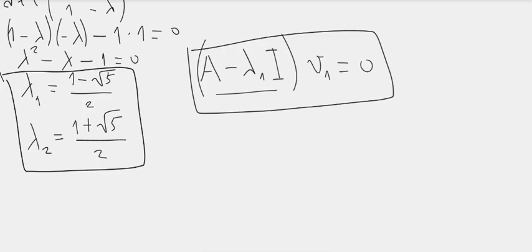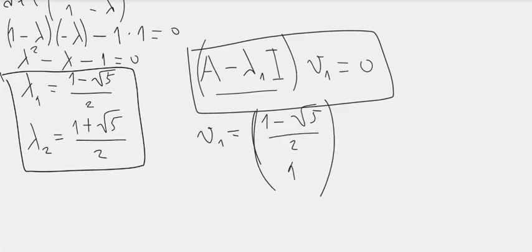So we can find that v1 is equal to 1 minus square root of 5 divided by 2, and 1.